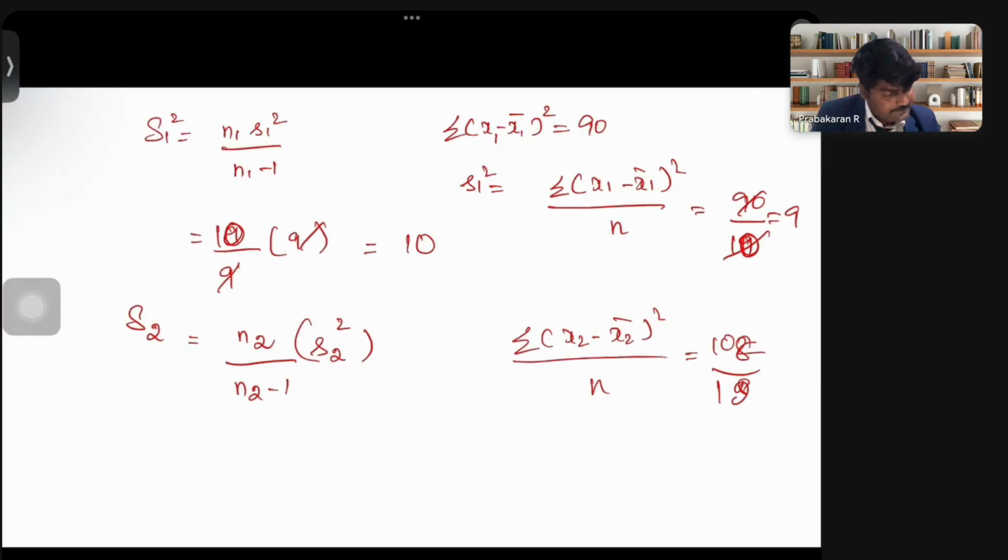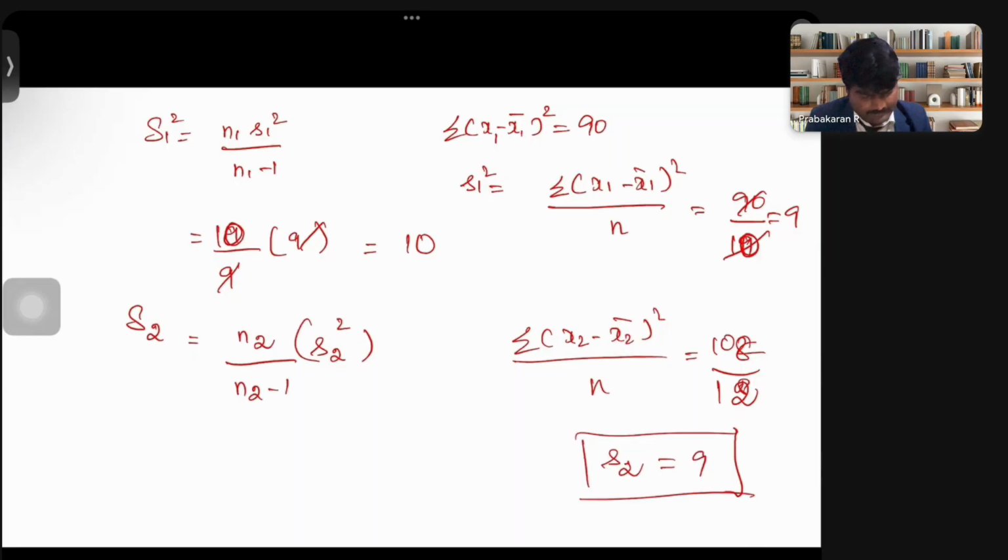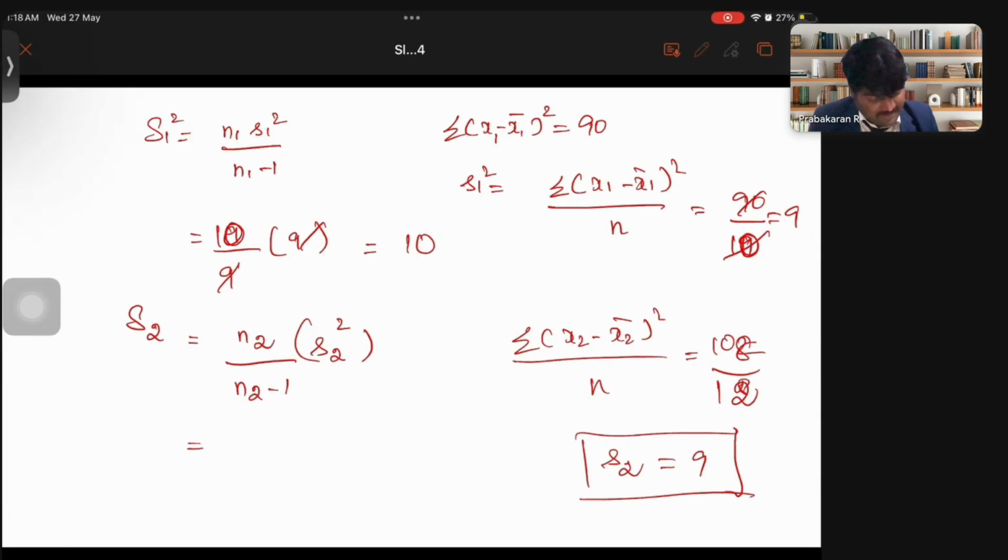The value is 9. So the variance of the second sample is 9. The same thing, but the sample size here is 12, so 12 by 11 into 9.